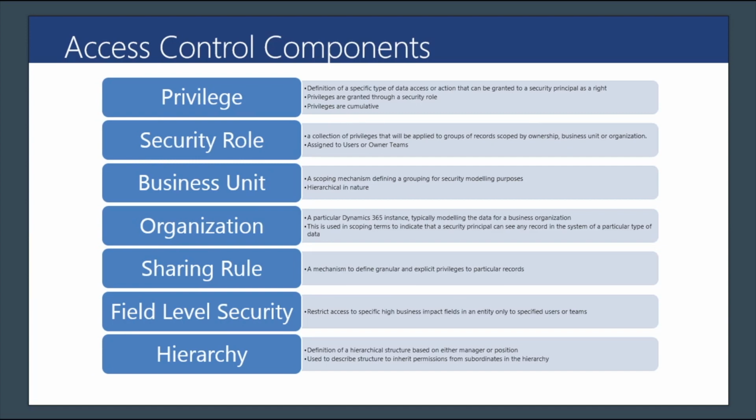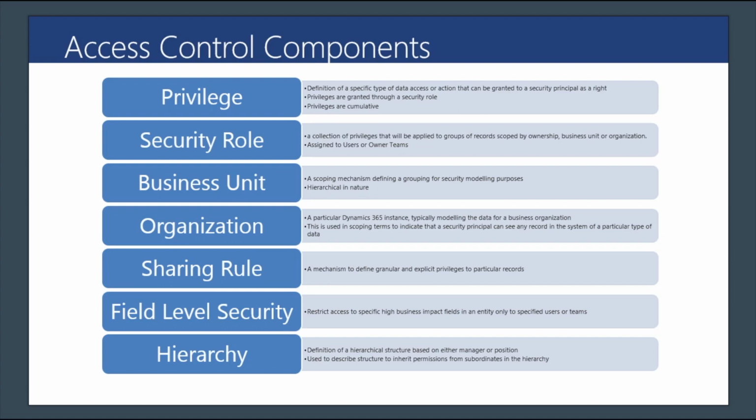Covering some access control components within the application. So we have privileges. The concept of a privilege is important within the application. They're used to define the entitlement to perform an action within the system, as well as the records against which that action can be performed.